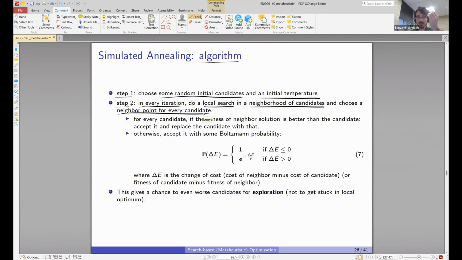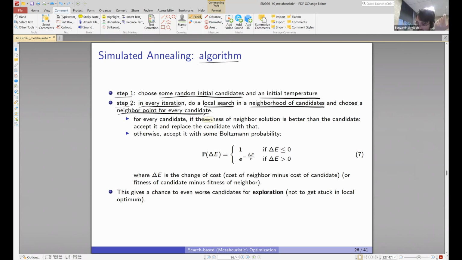So you have several candidates. Every candidate takes one of the neighbor points around it, and then evaluates its fitness value. So it has its own fitness value, and it has the fitness value of its neighbor in the local search. Now let's see if it should accept that or not.